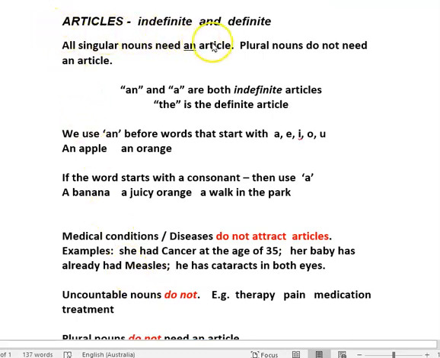All singular nouns need an article. Plural nouns do not. Now, there's two kinds of indefinite articles, an and a. You use an before words starting with a vowel, and a before words starting with a consonant. The is the definite article. You would use that when you definitely know who or what you're talking about.